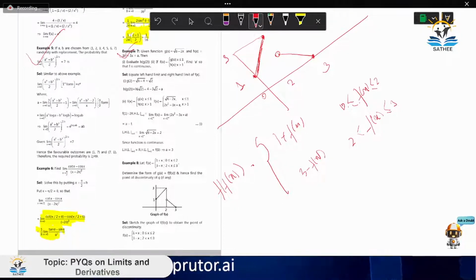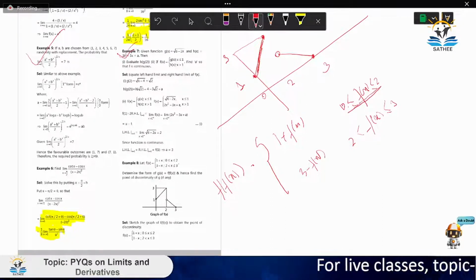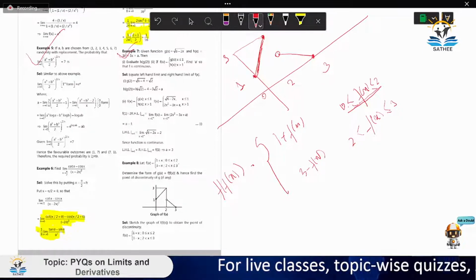My f of x is equal to 0 to 2 for x belonging to this also, this also, this also, and this also. But it is not continuous, right? So I have to break it from 0 to 1 and 1 to 2.